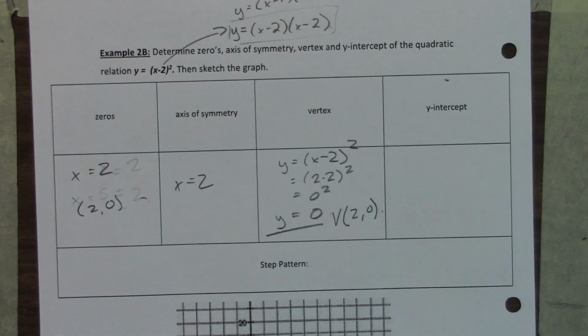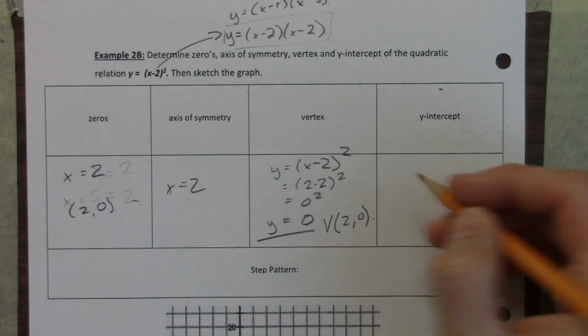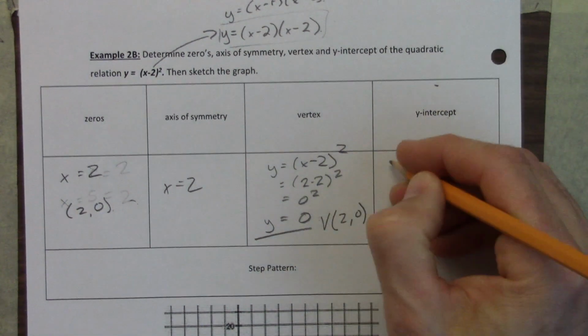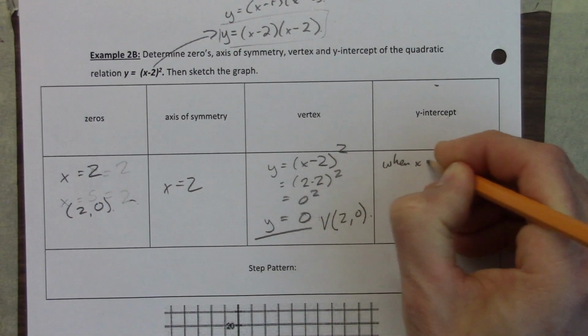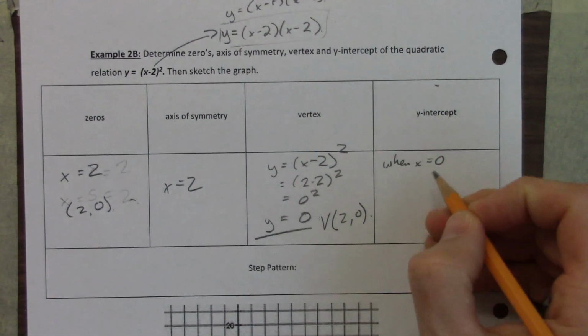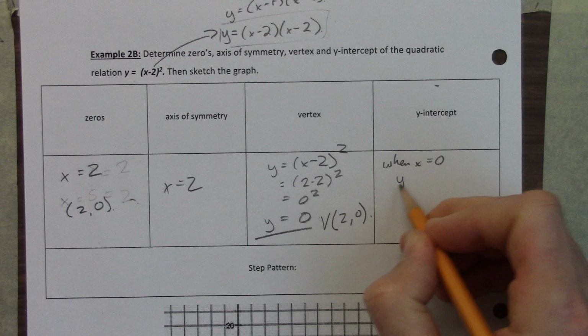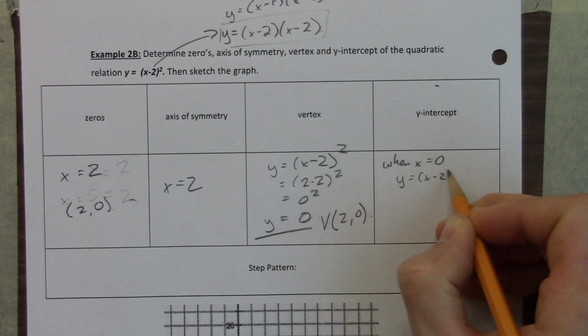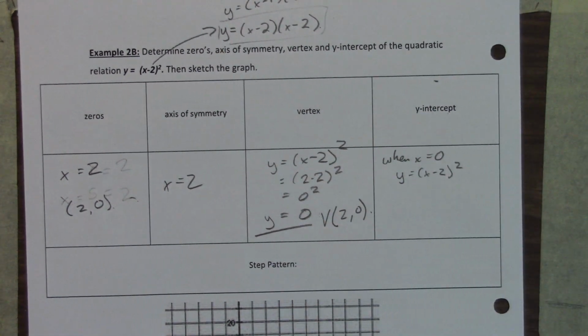My y-intercept. The last thing I need to figure out. So y-intercept happens when x is equal to 0. That's when it happens. Okay, so if I have my equation, Teodi, how do I find out my y-intercept?